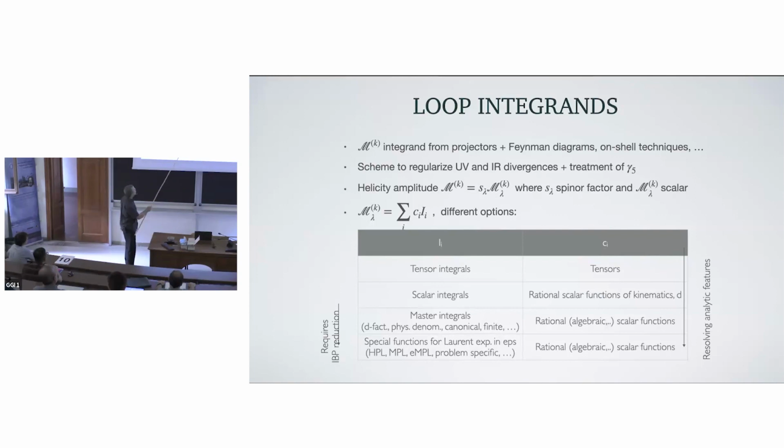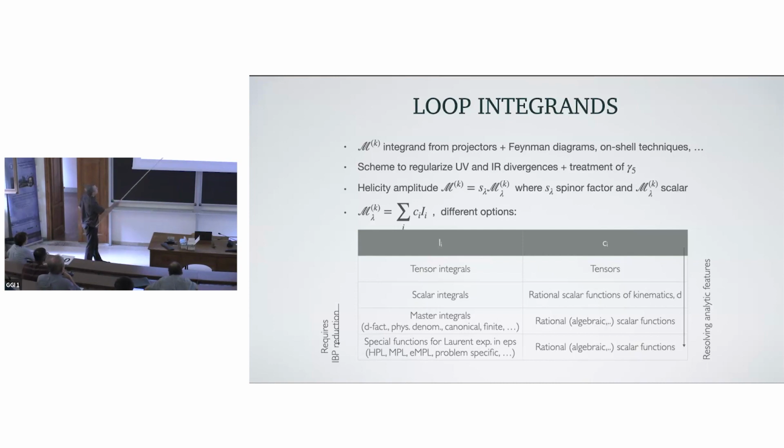What we mostly do nowadays for multi-loop integrals is we express everything in terms of scalar integrals, and then these coefficients are rational scalar functions of the kinematic invariants and the space-time dimension D. Notice that I have factored out the spinor factor such that what remains is actually a Lorentz scalar, and everything connected to the little group weights is absorbed in here. But what I have in mind is to compute helicity amplitudes in that way.